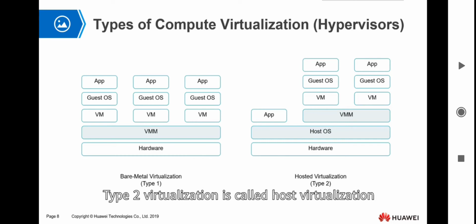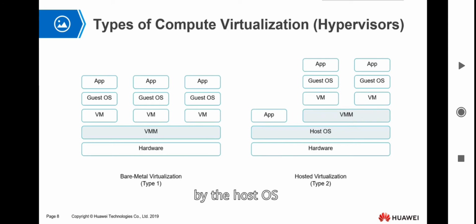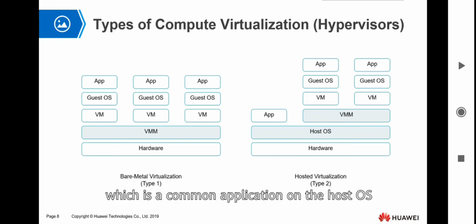Type 2 virtualization is called host virtualization. The physical resources are managed by the host OS, and the actual virtualization function is provided by the VMM. The VMM is a common application on the host OS. Then create a corresponding virtual machine through VMM and share the underlying service resources.